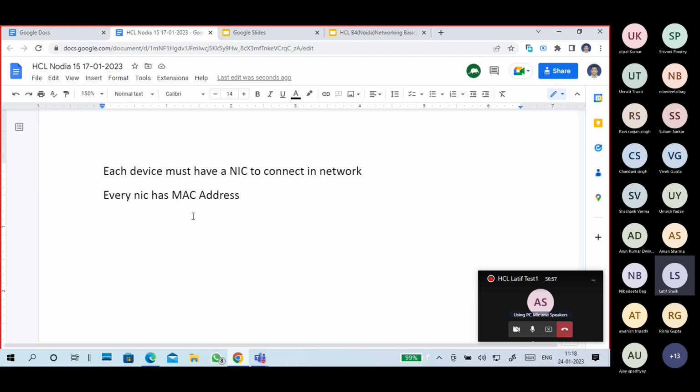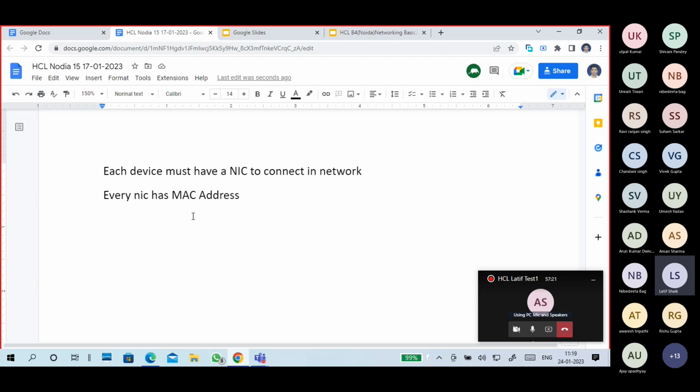So I'm addressing Shubham, right? Or maybe I want to send an email. The destination requires an email ID, right? That is an address, email address. You are sending a letter, there is a to address and a from address. So addressing is important.